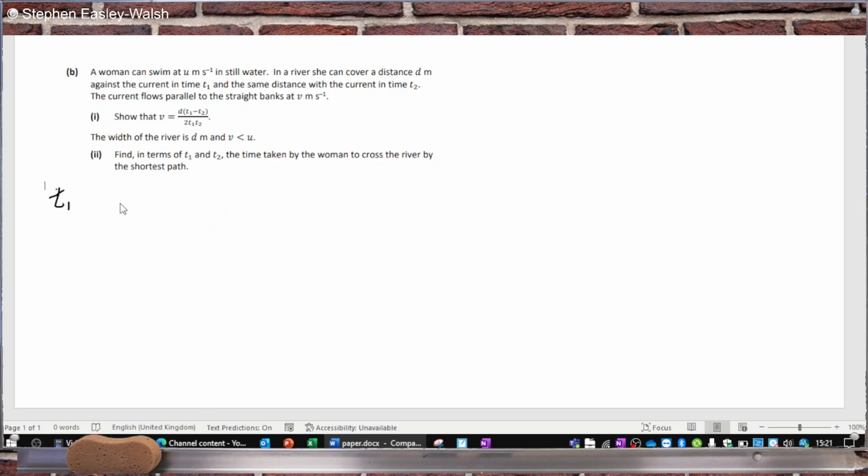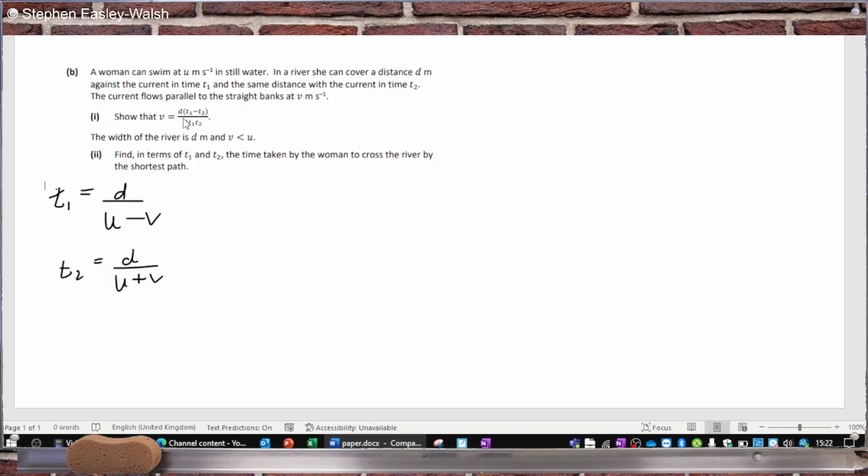I'll just separate them for the moment. Okay, t1 is d over u minus v, and then t2 is d over u plus v.